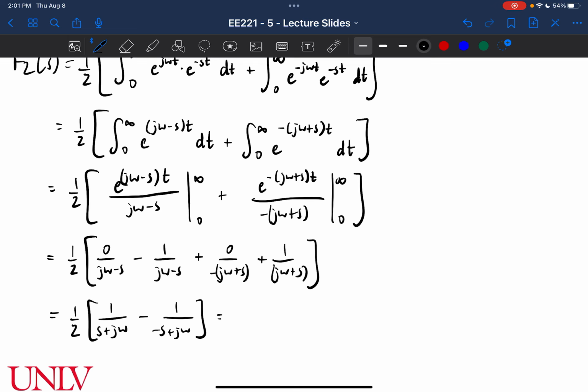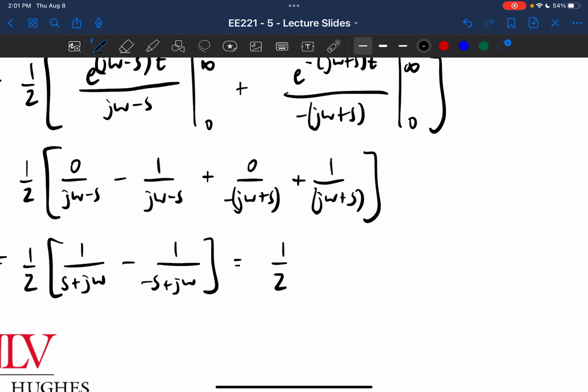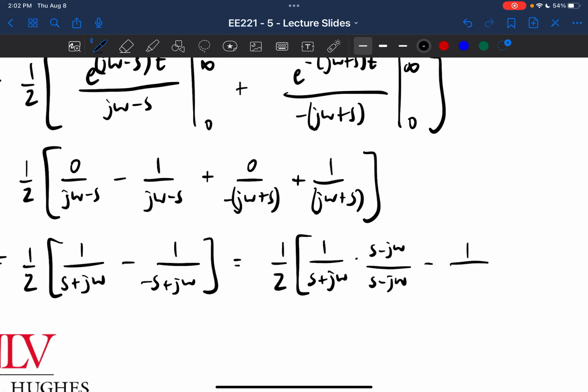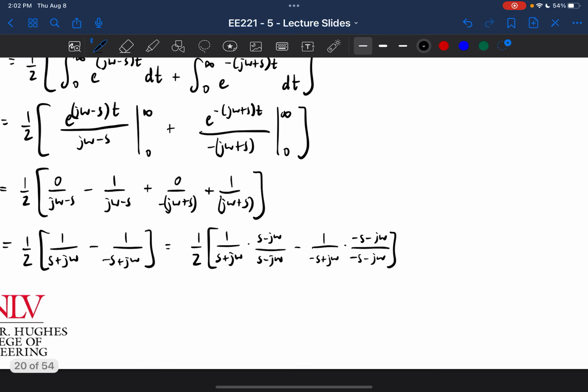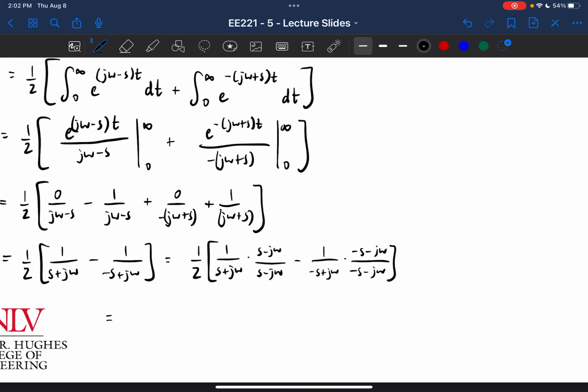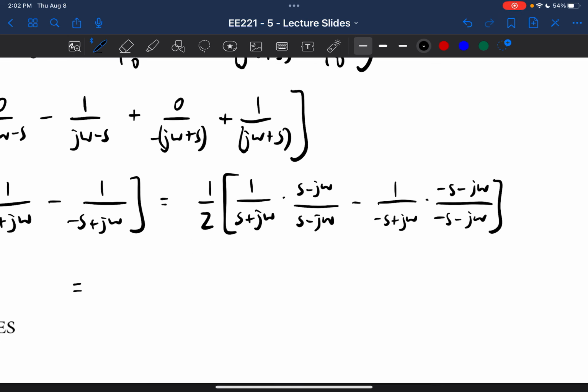And we can rewrite this as we have to basically multiply both of these by their complex conjugates. And so we get a half, 1 over (s plus j omega) times (s minus j omega) over (s minus j omega) for that first term, minus 1 over (negative s plus j omega) times (negative s minus j omega) over (negative s minus j omega). Then we get, let's see, so on the top here, that's going to give me s minus j omega in the numerator.